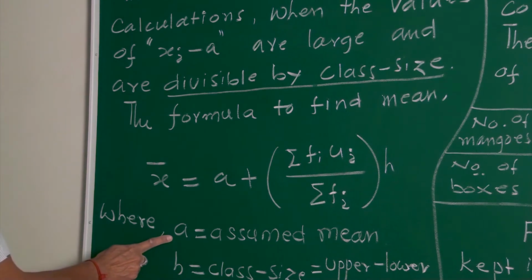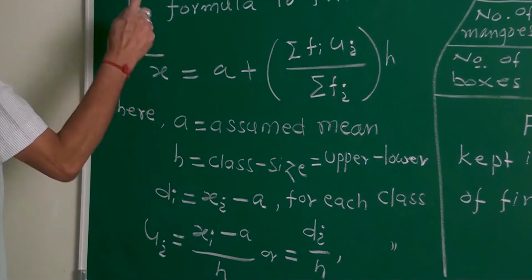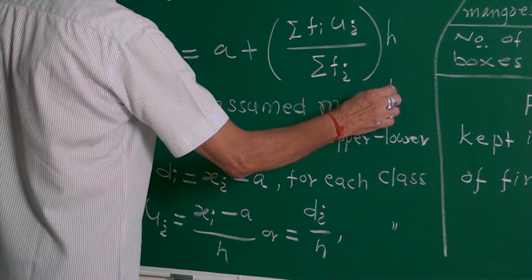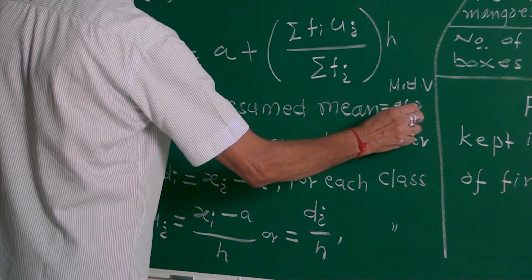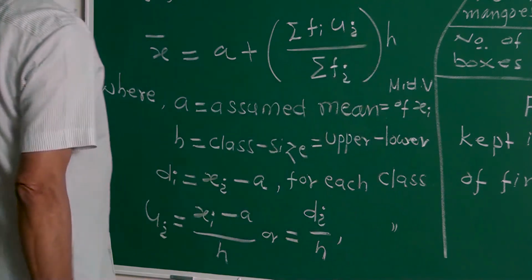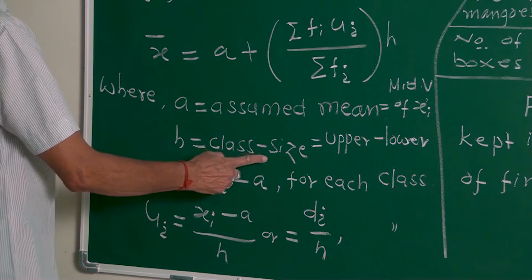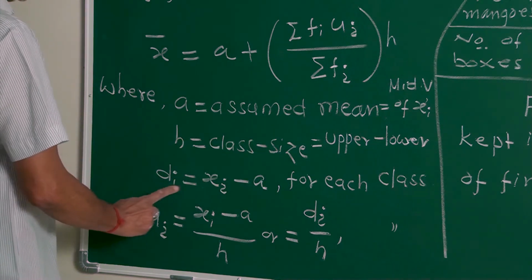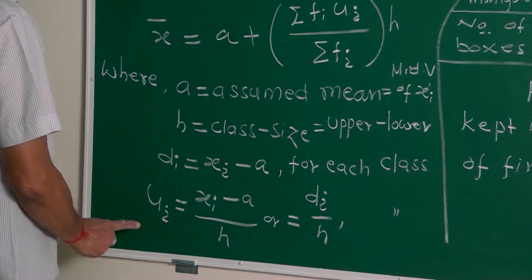where a is the assumed mean, which is the mid value of xi. h is the class size, which is upper minus lower limit. Xi minus a is di, and you have to find it for each class.